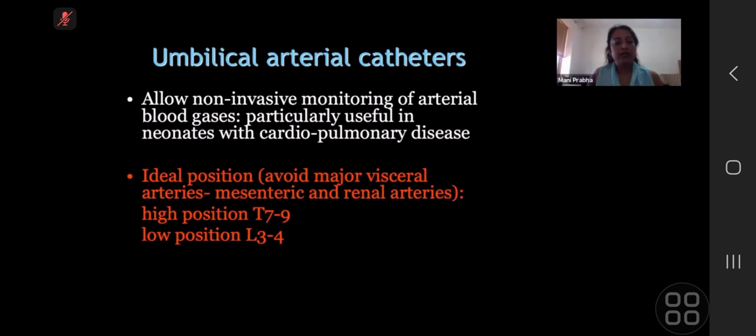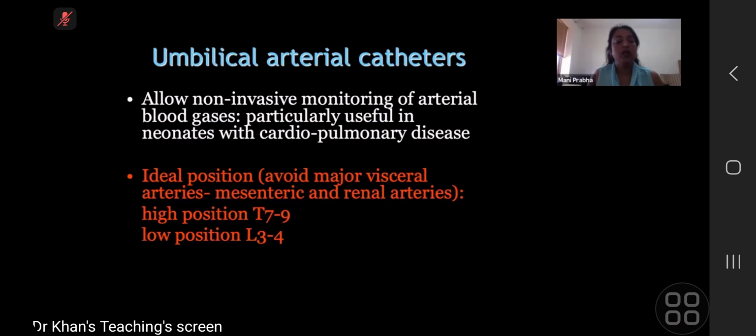Umbilical arterial catheters allow non-invasive monitoring of arterial blood gases, particularly useful in neonates with cardiopulmonary disease. An ideal position of the arterial catheter is the high position, which is the preferred position because they are retained very well in this high position.